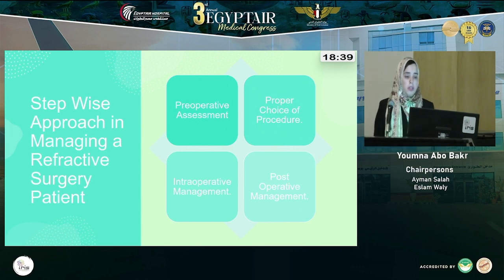In order to deal with these patients, we have to conduct a stepwise approach in managing a refractive surgery patient. This consists of 4 steps: preoperative assessment, proper choice of the procedure, intraoperative management, and postoperative management.